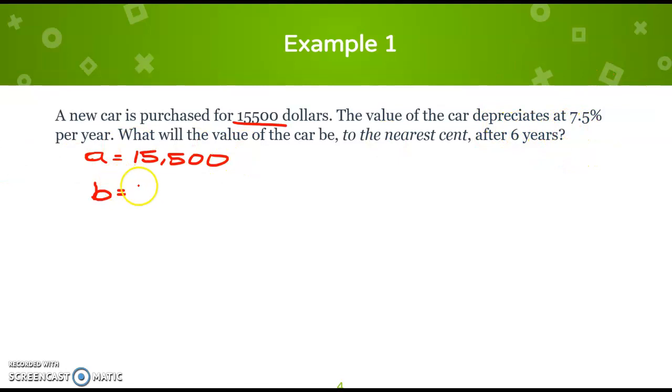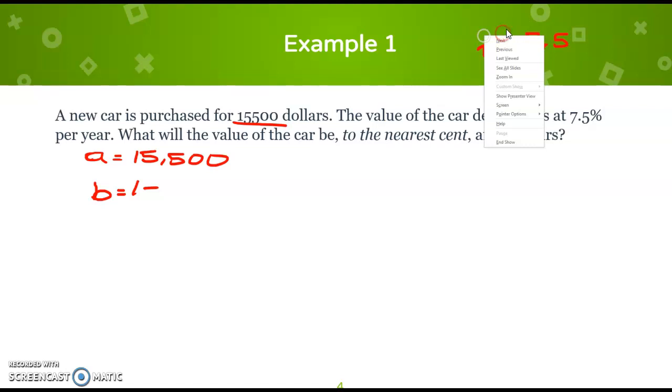So we know that it's going to be 1 minus this rate, and we have to turn this percent into a decimal. And we do that by moving the decimal point over to the left 2 times. So 1, 2. So the decimal is going to go here, and we're going to fill it in with a 0.